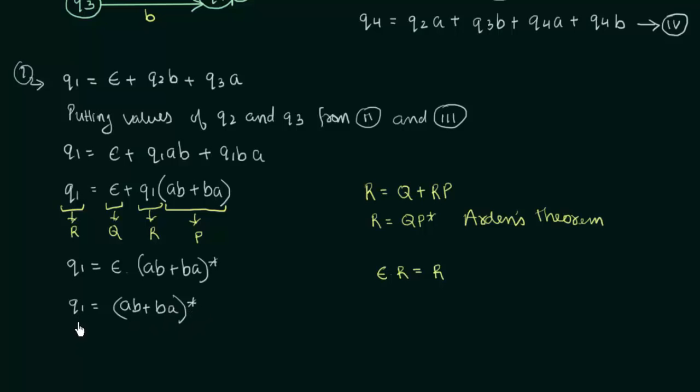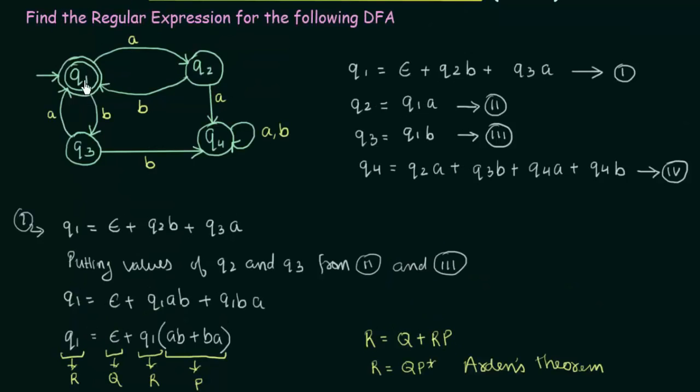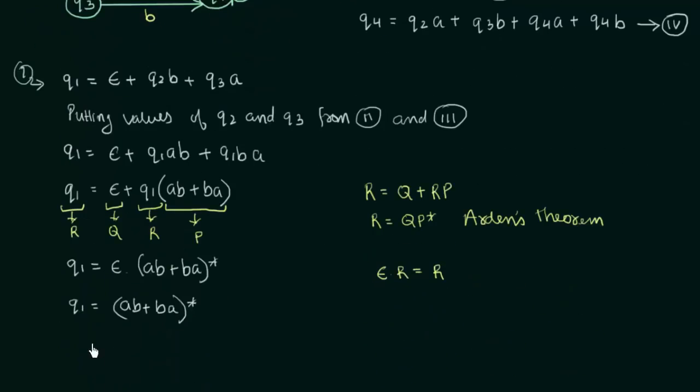This Q1 is my final state. In the DFA, Q1 was our final state, and we have got the expression for it in terms of the inputs A and B. So this is the required regular expression for the given DFA.